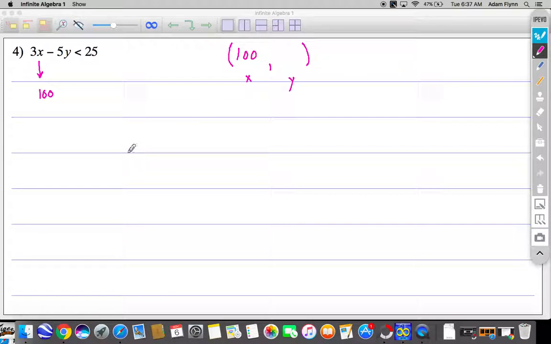Okay, so if I make x 100, I've got 300 minus 5y is less than 25. So I've got 300 right here. So I know if y is also some big number, I'm going to be way less than 25. Okay, so how about I make y 100 as well?